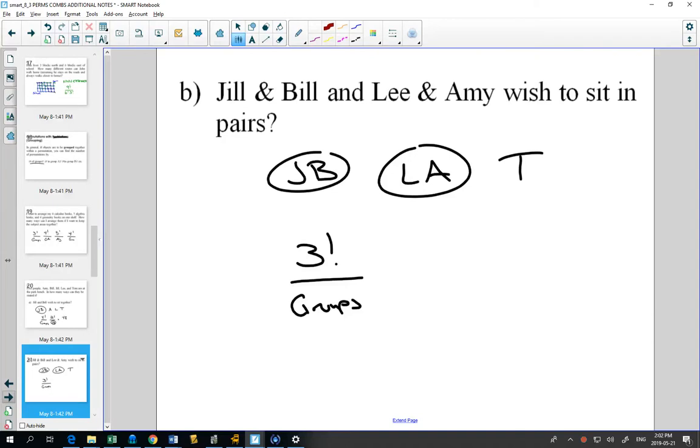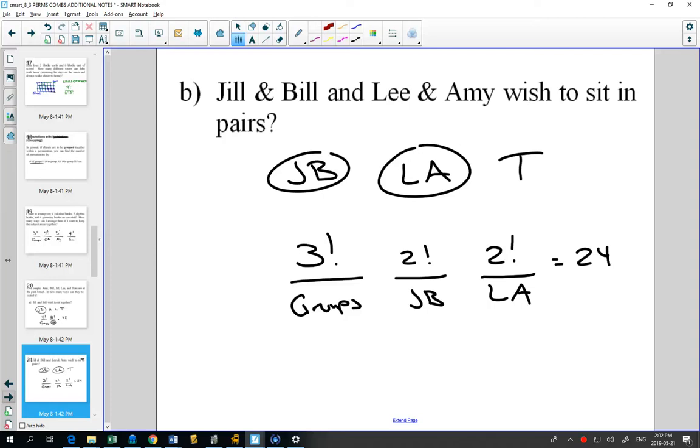The Jill Bill can be Jill Bill or Bill Jill, and the Lamey can either be Lamey or Aimley. And of course, Tom is all by himself. You don't have to include him there. Poor guy. 6 times 2 times 2, 24 ways.